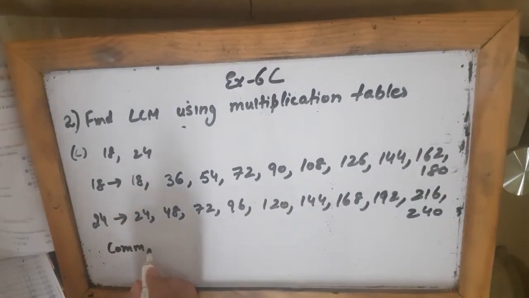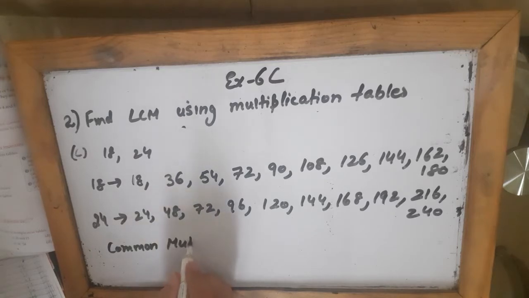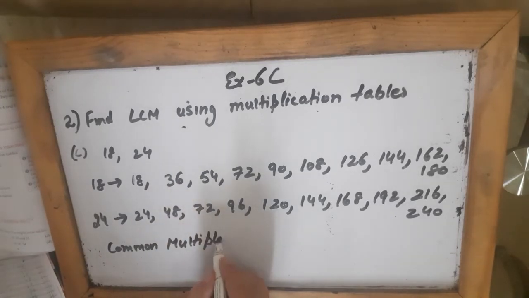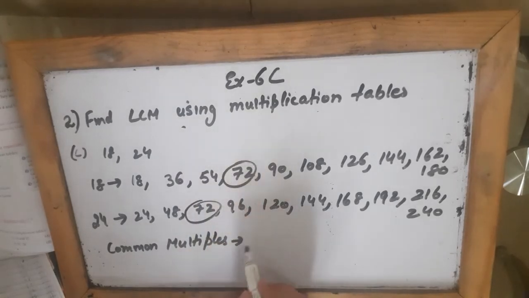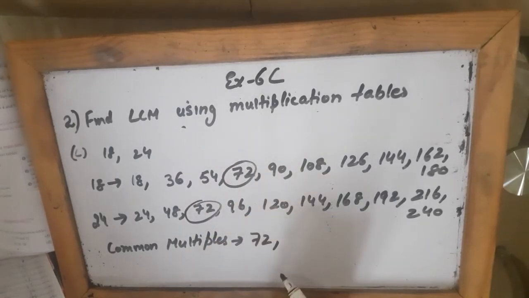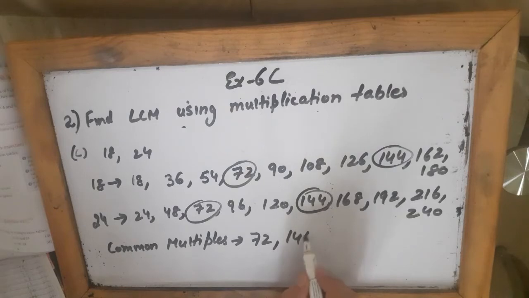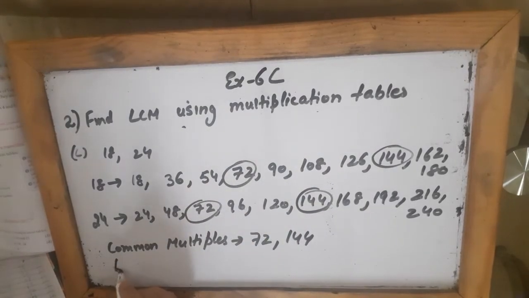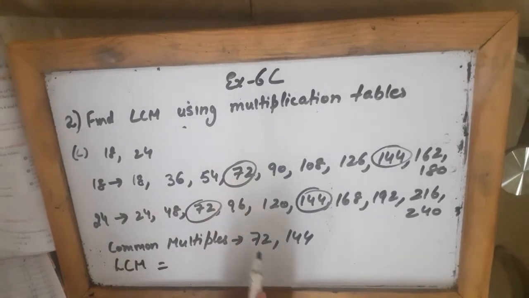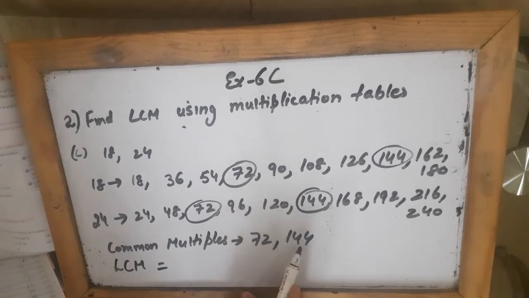Now what I have to do? I have to take out the common multiples in both of them. So you can see that this 72 is the first common multiple, and then 144 is the next common multiple. And out of these, to find out the LCM, I have to see among these common multiples which is the least or which is the smallest one.